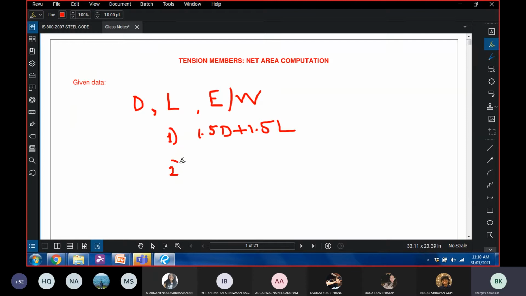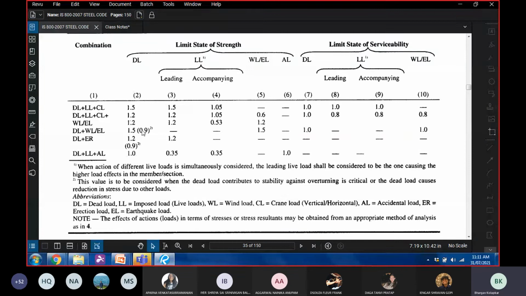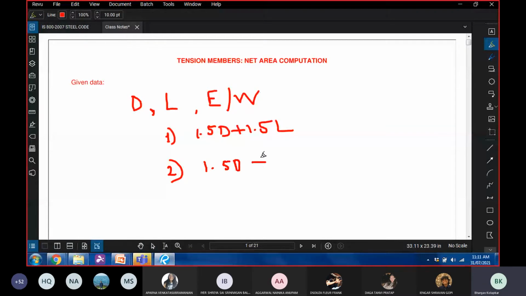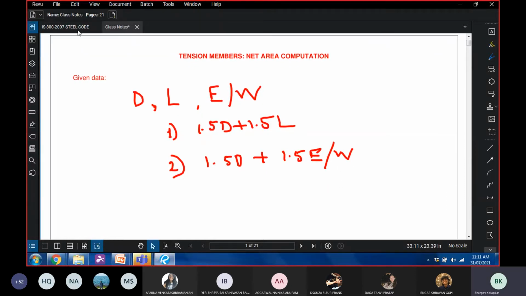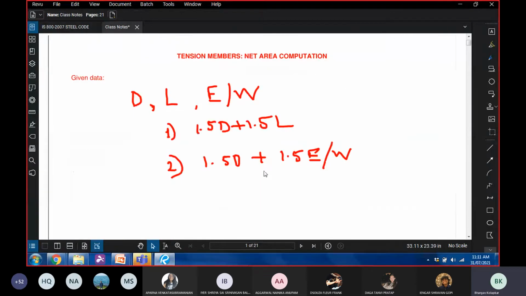Then, if you're designing it for earthquake, the design load combination is what is given in the code. Before that, let me look at another combination, combination number 2.